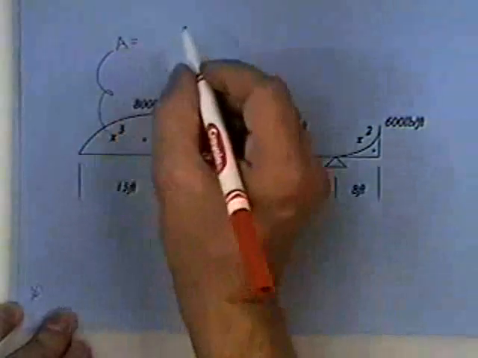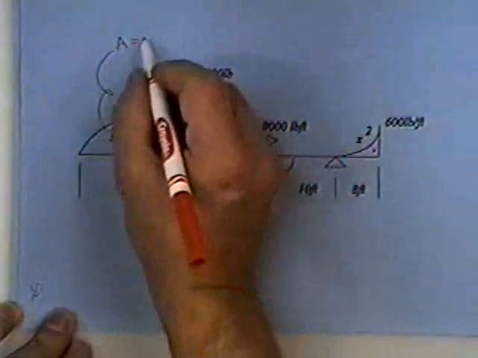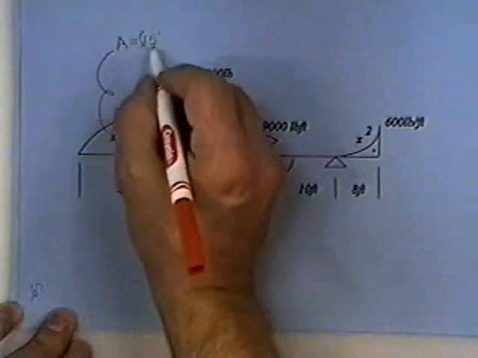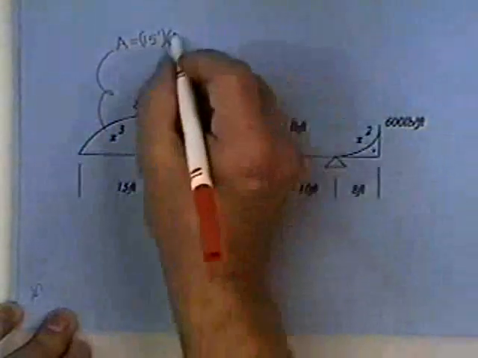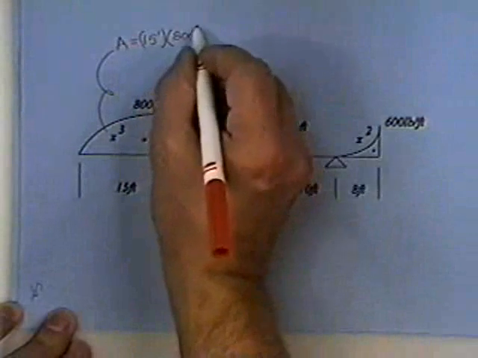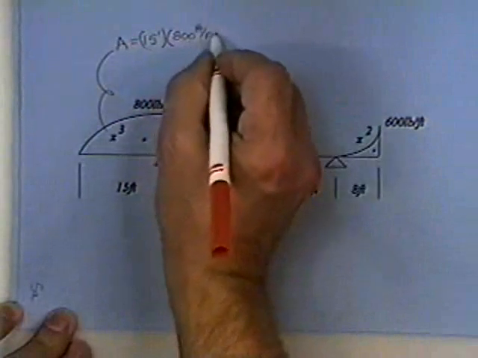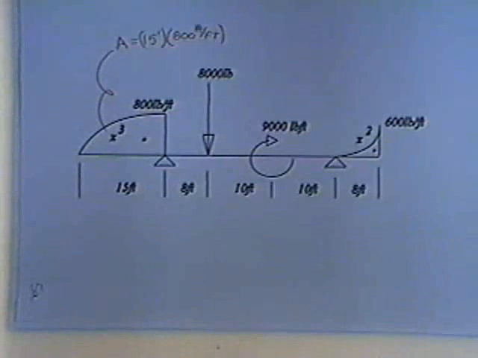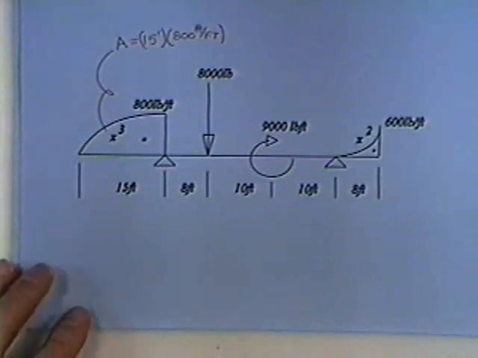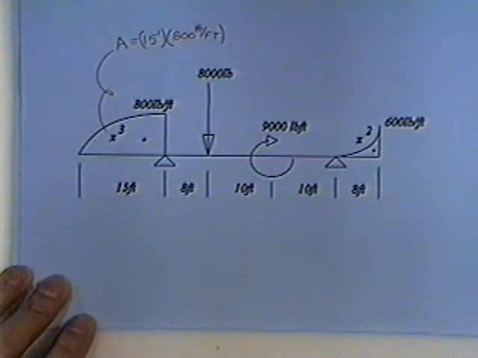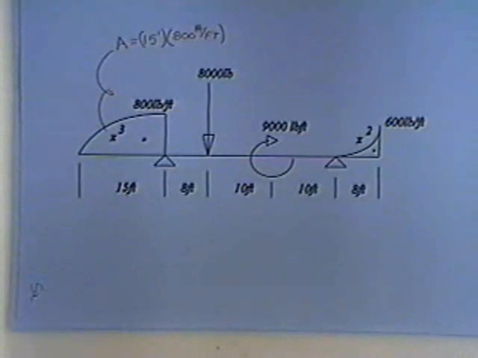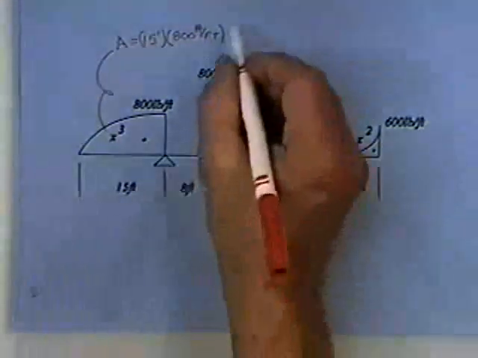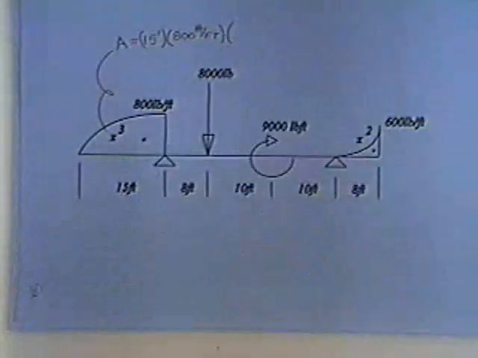Area is equal to base times 15 feet times 800 pounds per foot. That's a good start. If it was a rectangle, it would even be right. Then I go to my figures and I find out how much that ought to be multiplied by, because it's not a rectangle. It says that the area is equal to, n is the power of the curve.